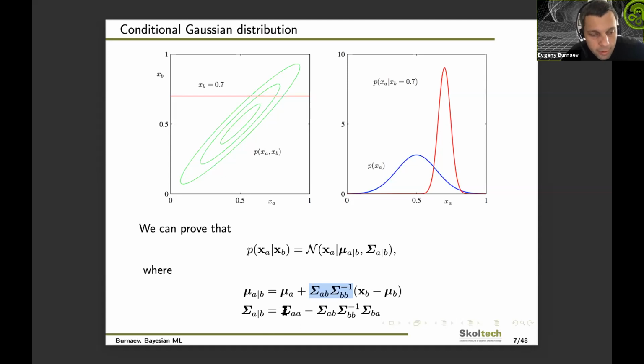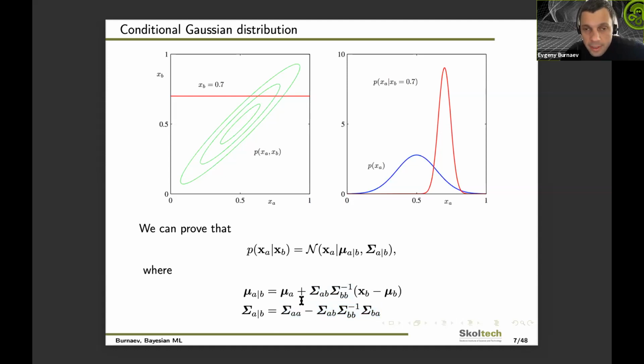Moreover, because the submatrix sigma capital AA here is positive definite, and these covariance matrices here are also positive definite, then here we have the difference between two positive definite matrices.